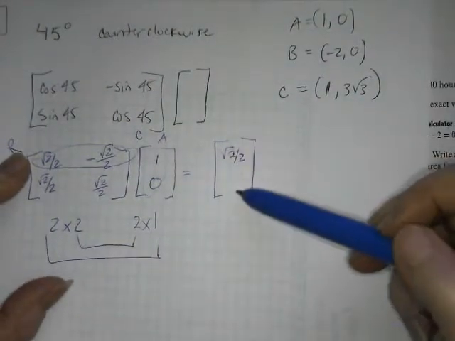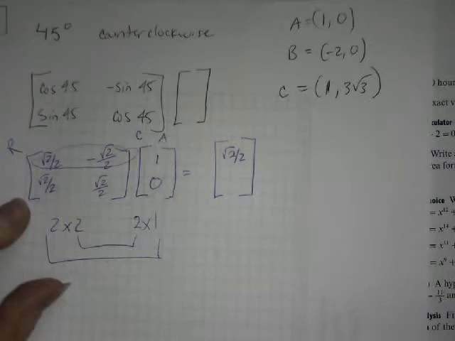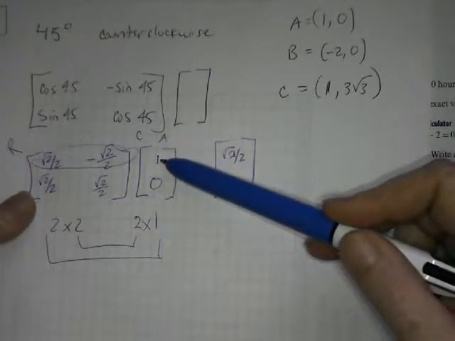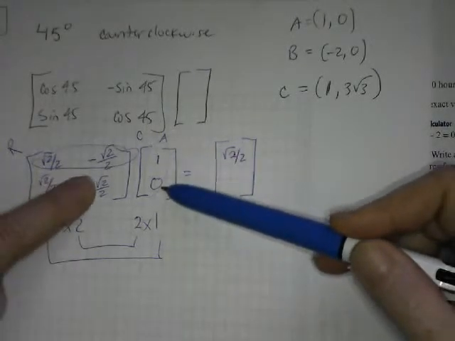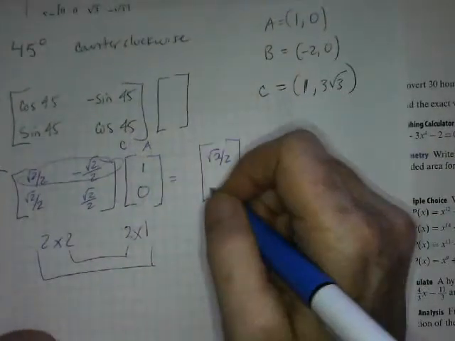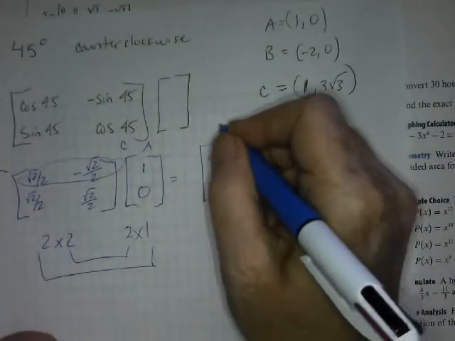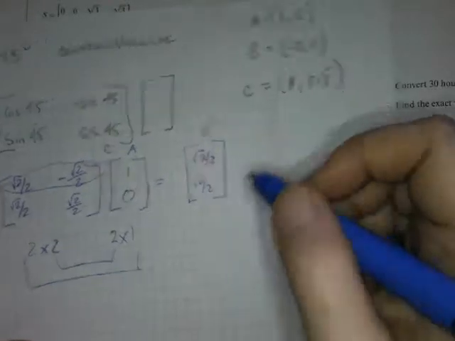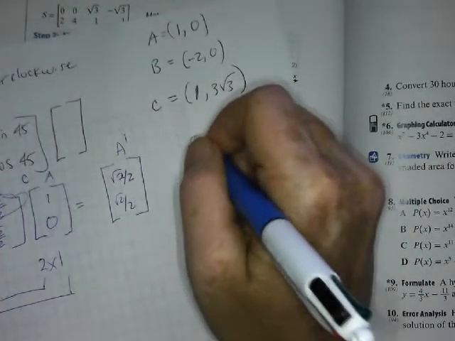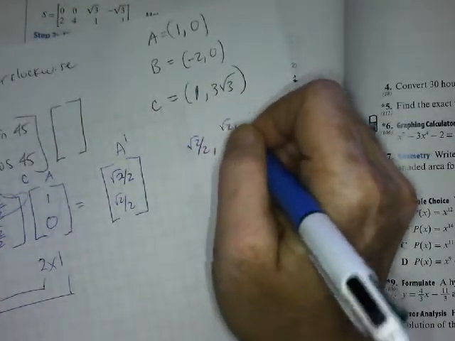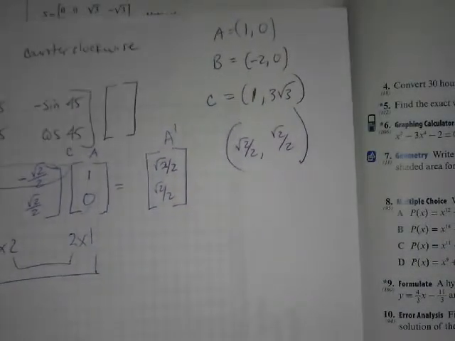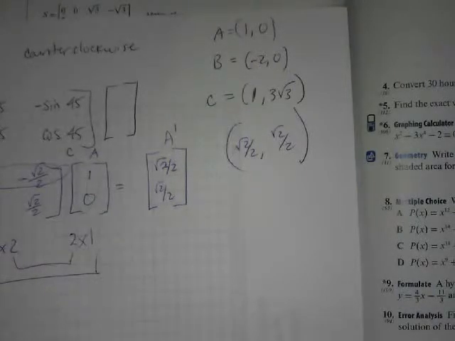And then this bottom one, root 2 over 2 times 1, plus, well, that gave me 0 again. So I think that A prime is going to be root 2 over 2, comma, root 2 over 2. Let me check that for you. Yep.